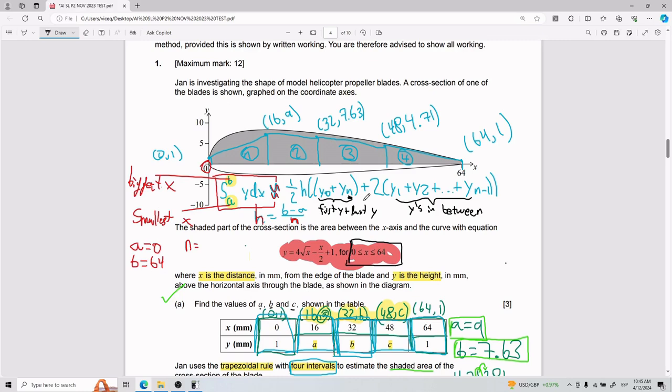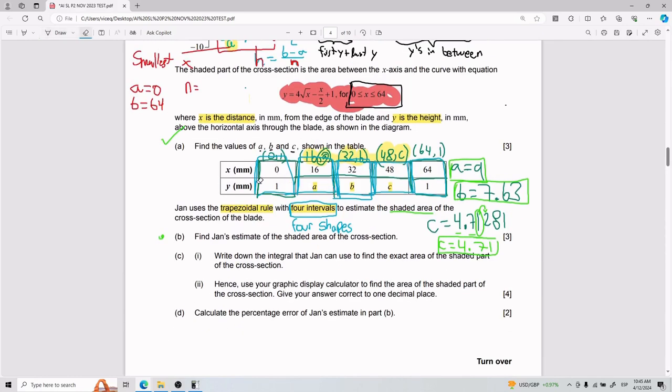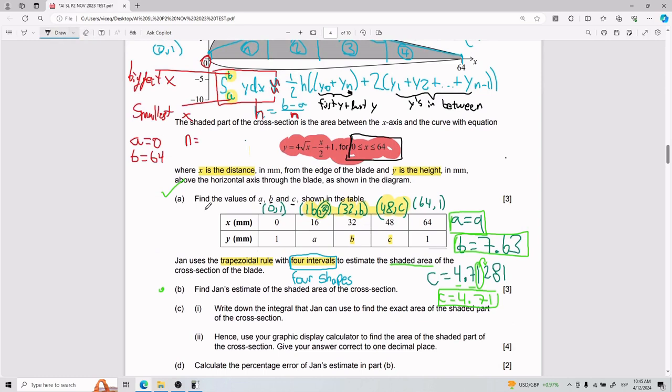See? And so if y0 is your first y and yn is your last y, well, how many y's do you have? If I go back here to this table, you're going to notice that this one's y0, this is y1, this is y2, this is y3, this is y4.